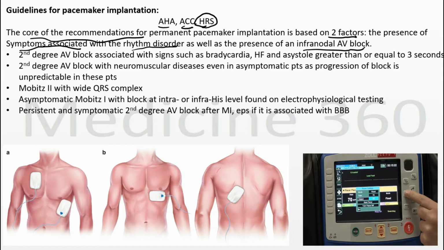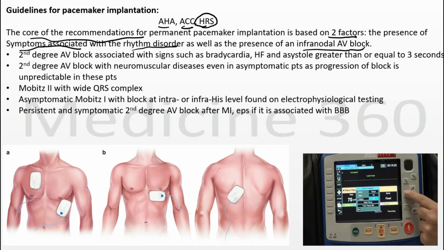It means that in a patient with second degree block, Mobitz type 1, if asymptomatic, we do not insert a permanent pacemaker. But if infranodal AV block is present in Mobitz type 1, or the patient is symptomatic, we do permanent pacemaker implantation. In case of Mobitz type 2, whether asymptomatic or symptomatic, we do permanent pacemaker implantation.